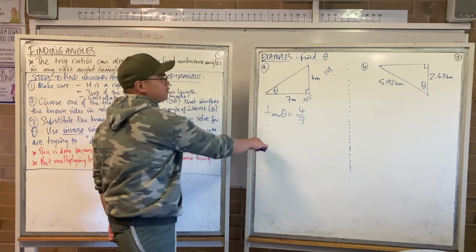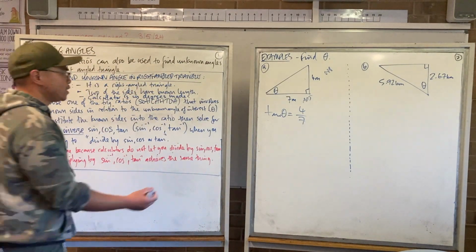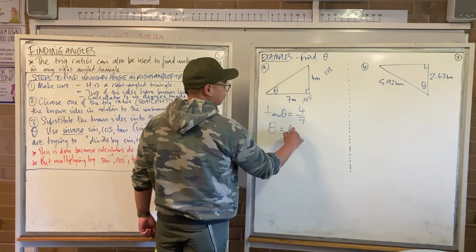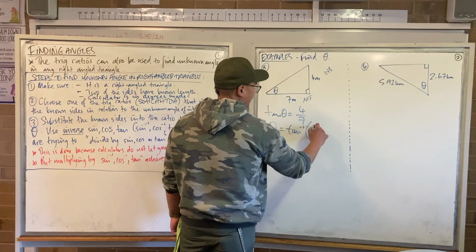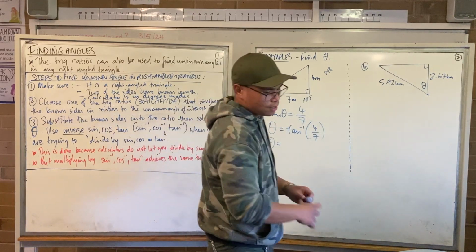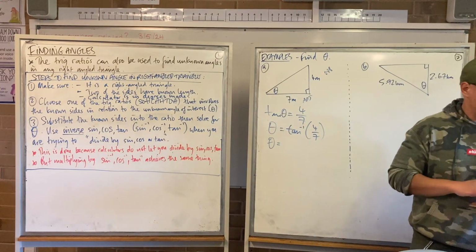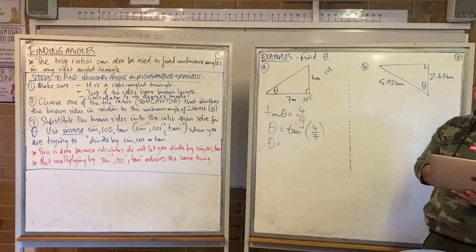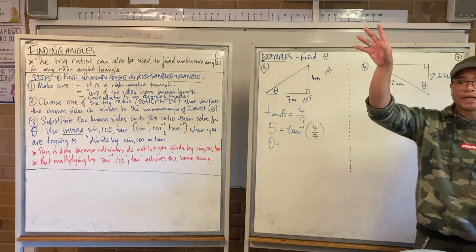I want to get rid of tan. I've just told you that I can't divide by tan. So instead I go theta is equal to tan to the power of -1, which is an option on your calculator, of 4 on 7. So theta is going to be, and I'll just do that on my calculator now. I'm going to work out what 4 divided by 7 is. It's like 0.57, it goes on.